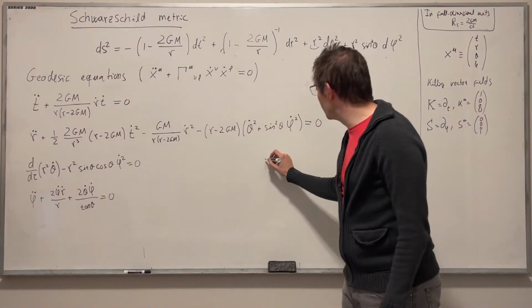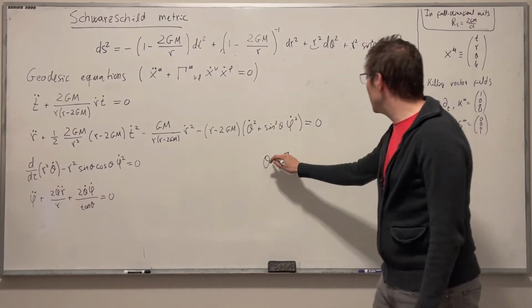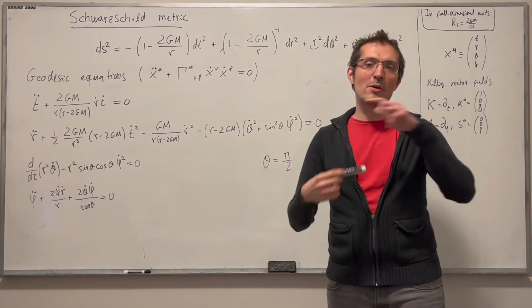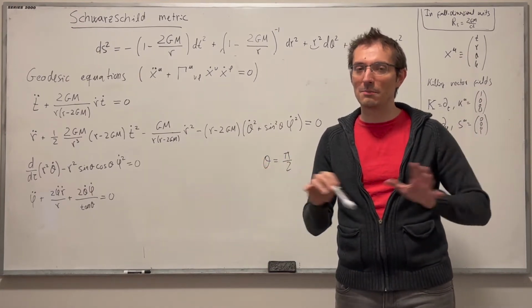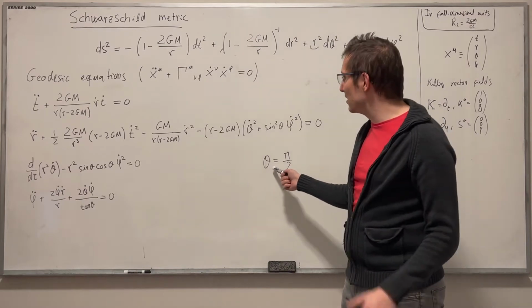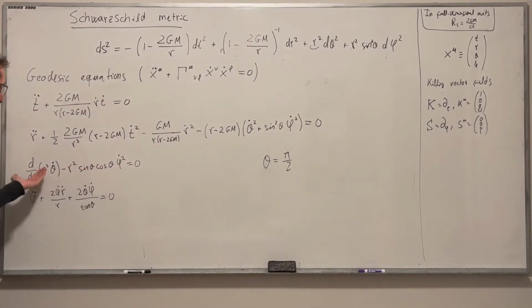Let's check the solution theta equals pi over 2. So theta exactly equal to pi over 2. That would be an orbit that is in the equatorial plane. I don't know what it does in the equatorial plane, but it isn't contained in the equatorial plane. We can actually check that this thing is a solution of this equation, right? This is a solution to the equation that is giving me theta.